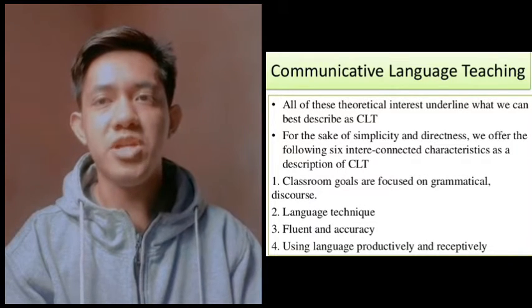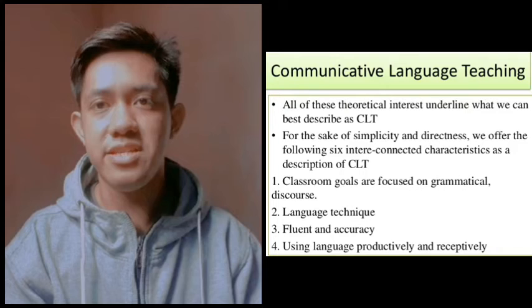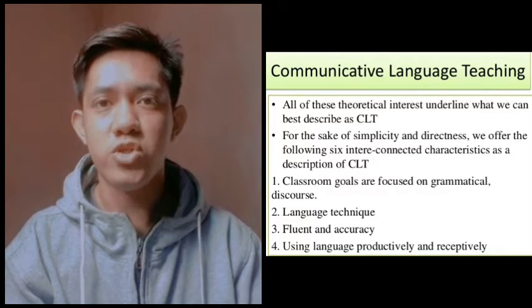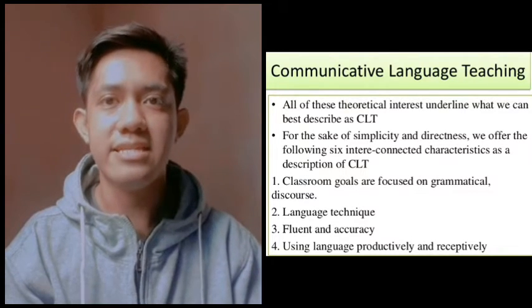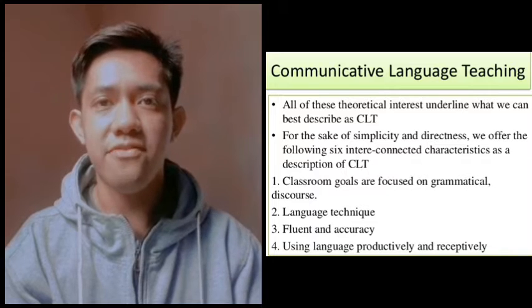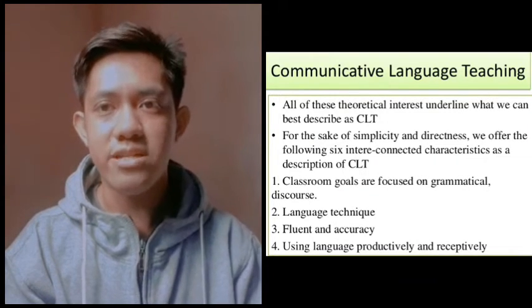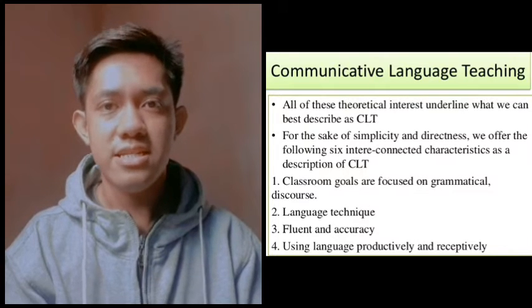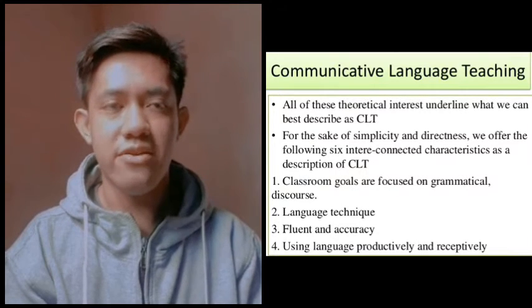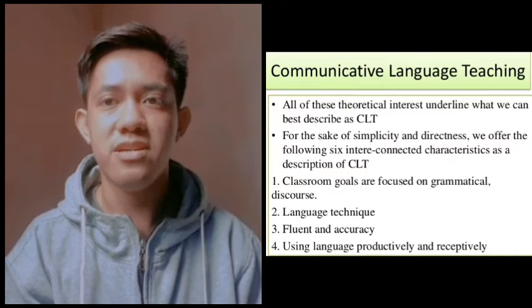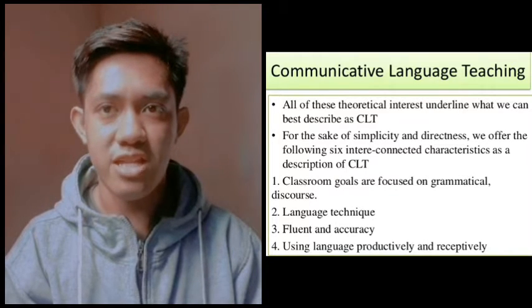In communicative language teaching, all of these theoretical interests underlie what we can best describe as communicative language teaching. For the sake of simplicity and directness, we offer the following six interconnected characteristics of a description of CLT, or communicative language teaching.